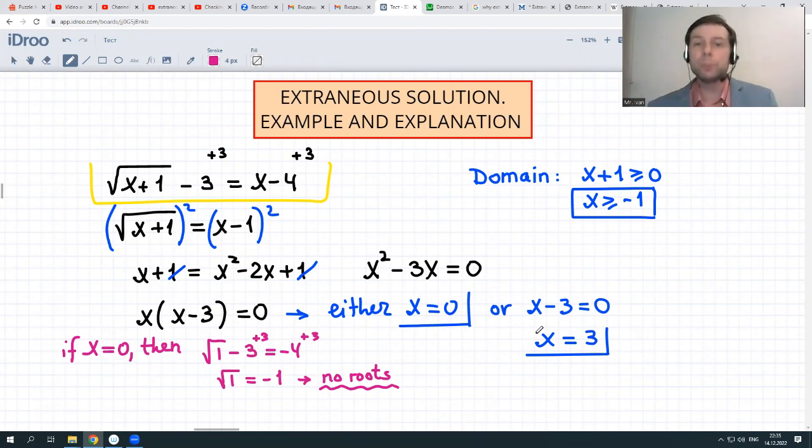Originally, they might not be, but we didn't see it because of the shape of the equation, minus 3, minus 4, who knows what's there. When we talked about the domain, we just figured out that x should be greater than or equal to negative 1, and 0 looks like it fits.